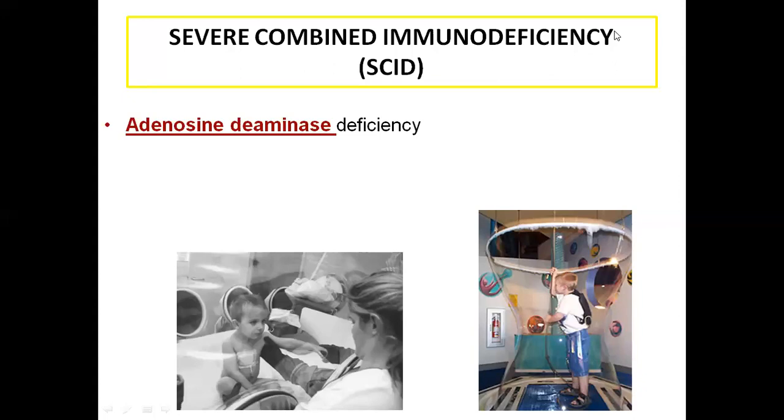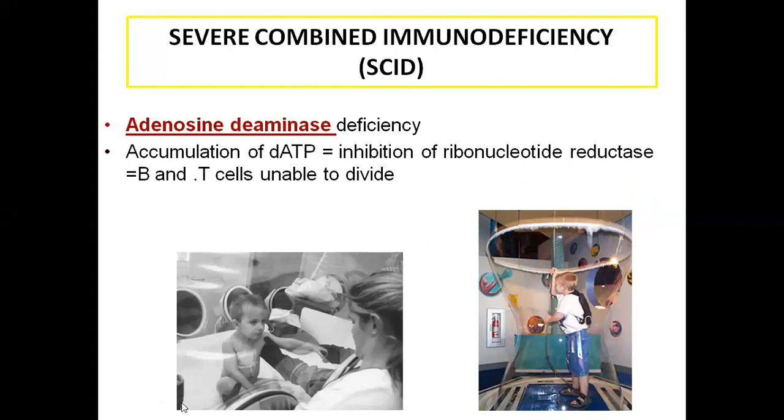अच्छा ठीक है, एडिनोसिन की डीएमिनेशन कर रहा था, एडिनोसिन डीएमाइनेस. तो इससे क्या इफेक्ट पड़ता है? इससे ये होता है कि जो डीऑक्सी एटीपी होते हैं ना, ये accumulate हो जाते हैं within the lymphocytes, the T cells and the B cells.